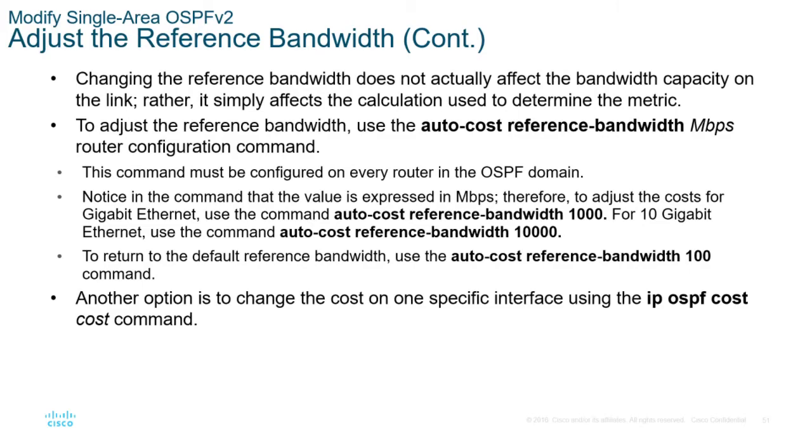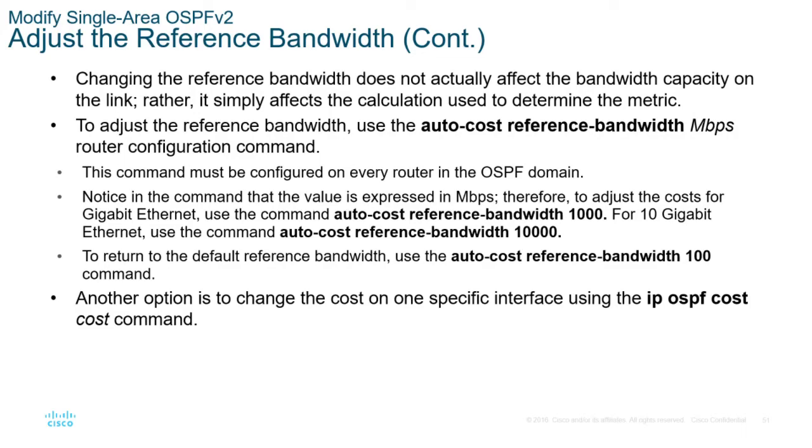So if I wanted to, say, set a port to be identified as a 10 gigabit Ethernet interface, I'd actually go into, say, int g0/0, and I would say auto-cost reference-bandwidth 1000. Oh, that's for a gigabit, sorry. And for a 10 gigabit, I would go auto-cost reference-bandwidth 10000. And then if you want those reference bandwidths to go back to default, the number is 100.